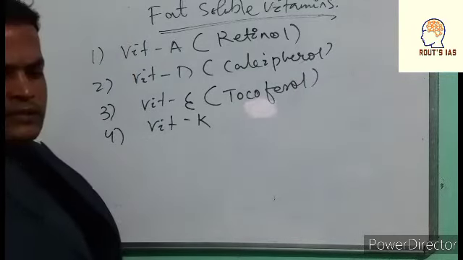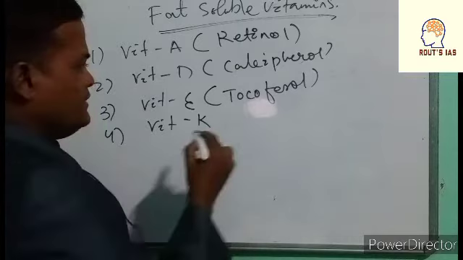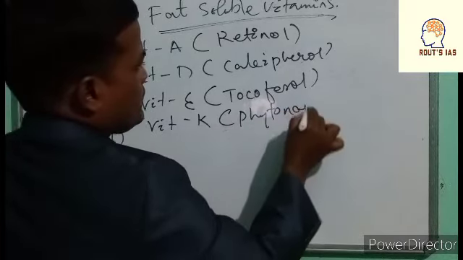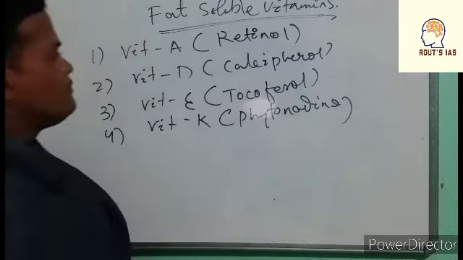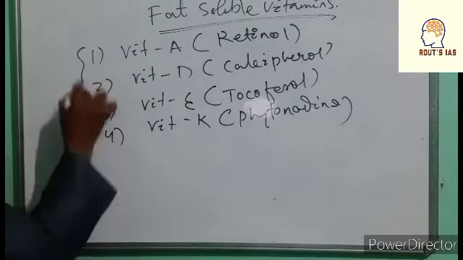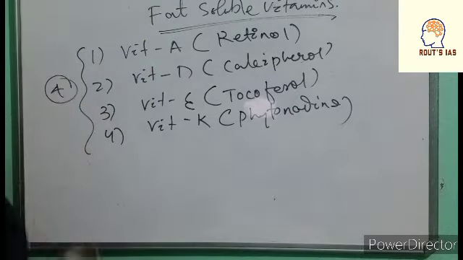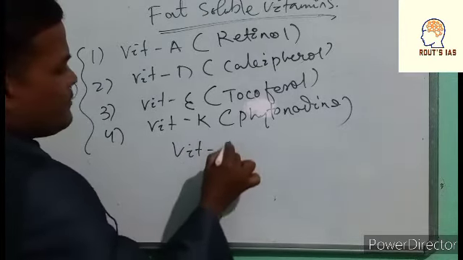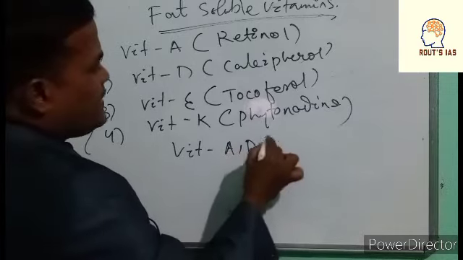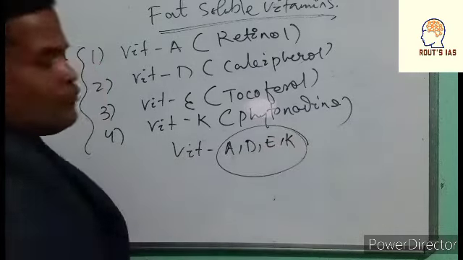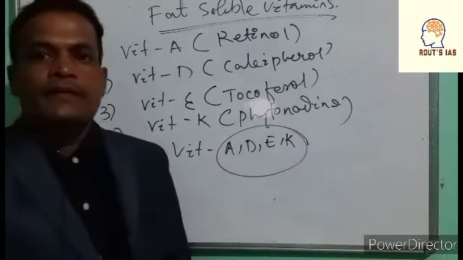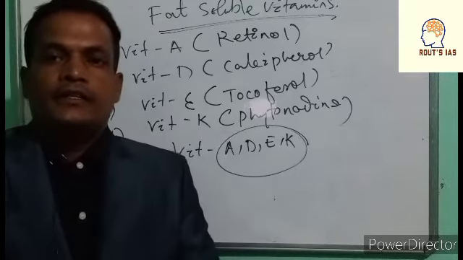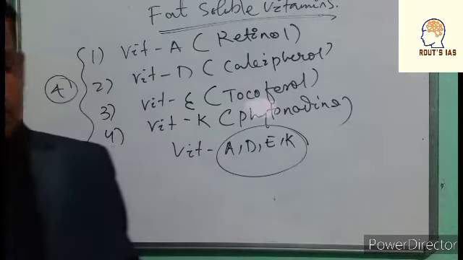Next is phytonadione. This is your vitamin K, phytonadione. So these are the fat soluble vitamins, that is 4 vitamins: A, D, E, K. You can remember easily, vitamin A, D, E and K. These are soluble in fats and can be stored in your body.